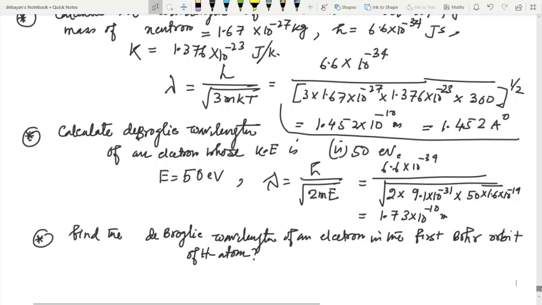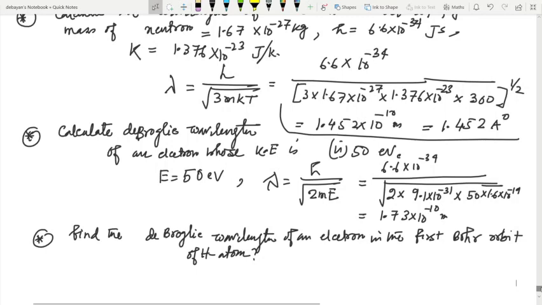If the question comes like this, say: calculate the energy of a proton having de Broglie wavelength that is given as 0.5 femtometer.